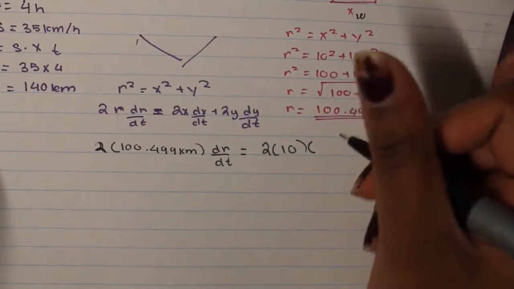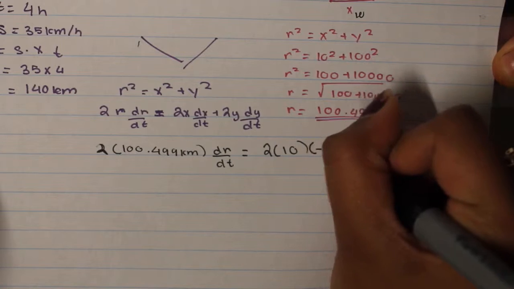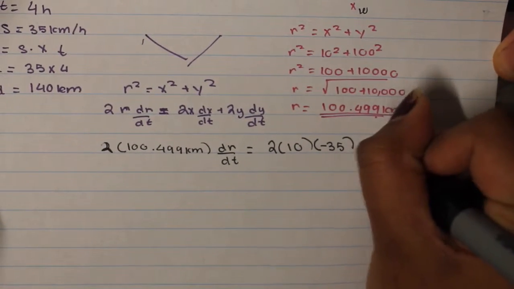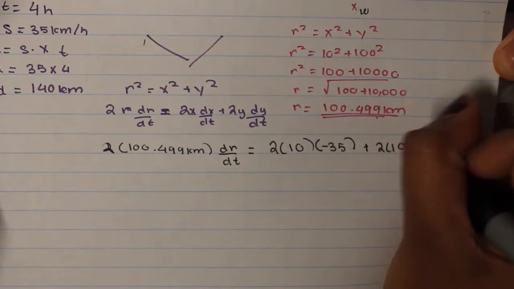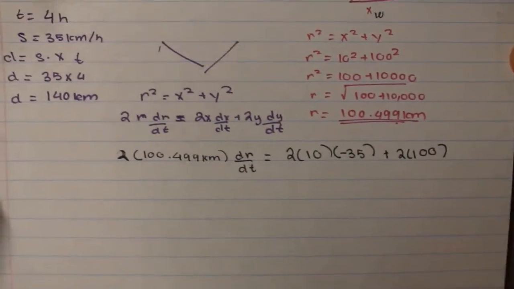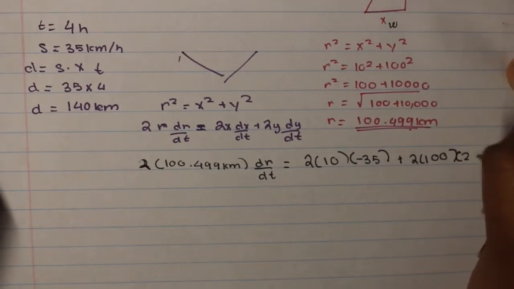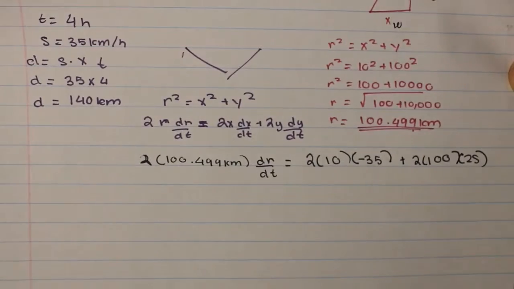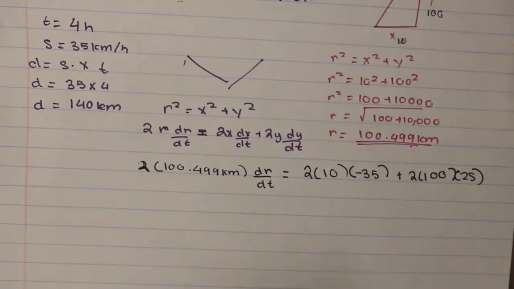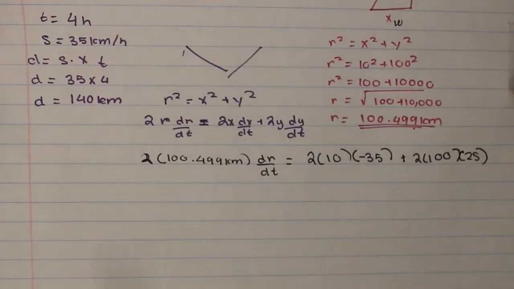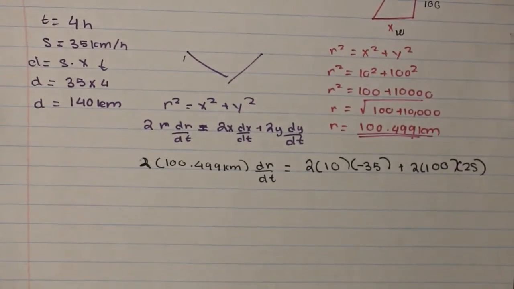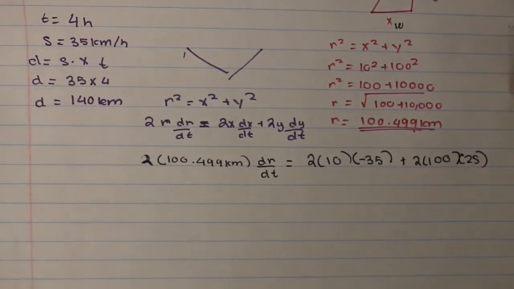So 2 times 10 times negative 35 plus 2 times 100 times 25. Notice that I did not put a negative sign in front of the 25 because B is increasing and it's going in the positive direction, so there's no reason for me to put a negative sign.